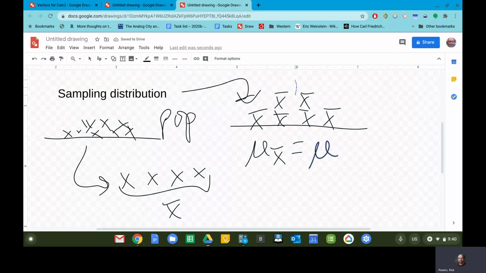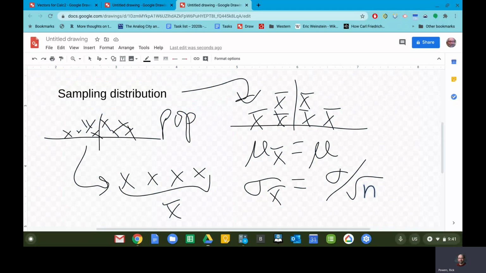So the middle here is going to be the same as the middle over there. But the standard deviation of those samples is going to be different. It's actually going to be smaller. It's the population standard deviation divided by the square root of n, where n is the sample size.